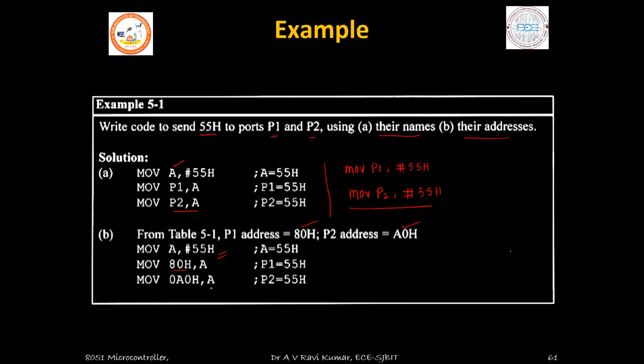Similarly, the content of the accumulator, 55H, is moved into P2, the address held by A0H. So this is the programming I can write in different forms to represent the register or the address of the special function registers.